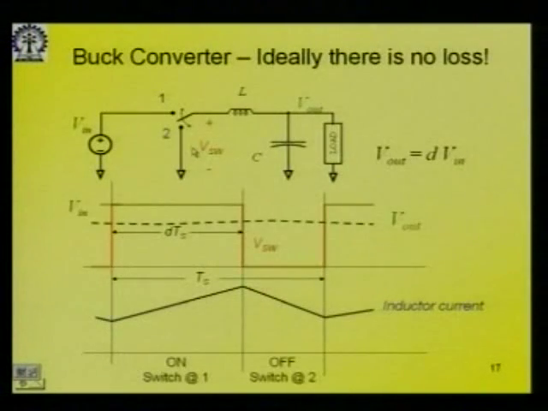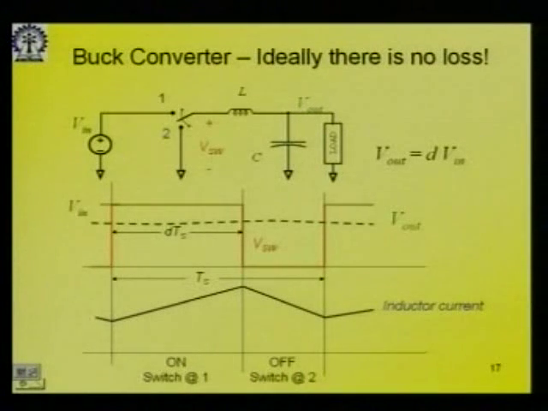While in this case, if the switch is on, ideally the voltage drop across it is 0. So, some current is flowing through it, no problem, the total loss through it will still be 0, voltage times 0 current.